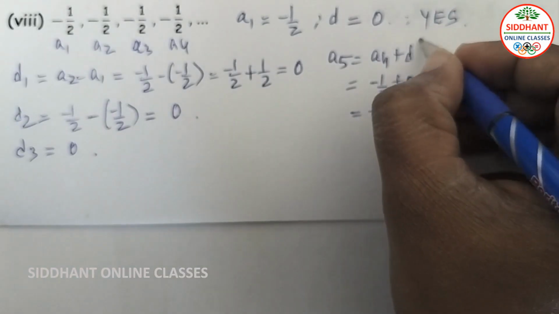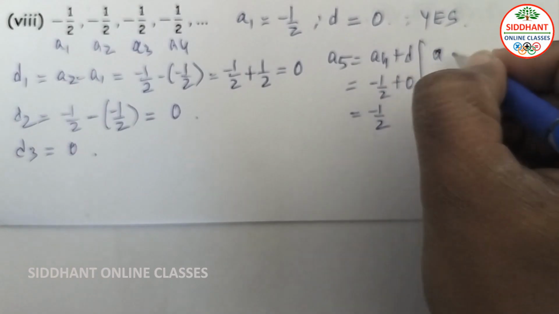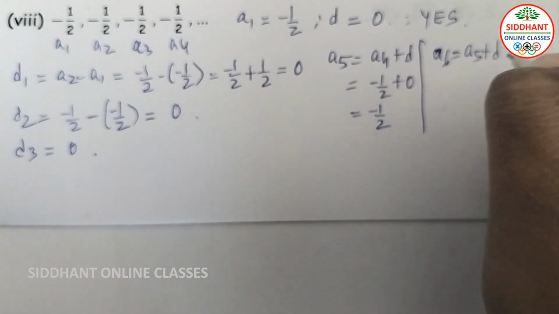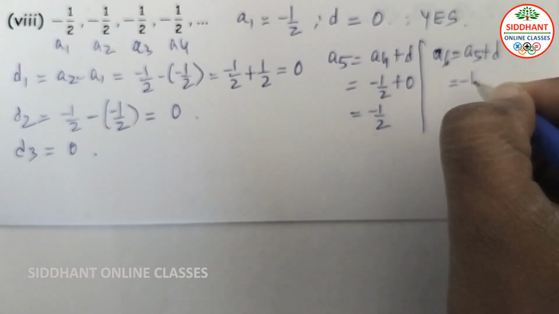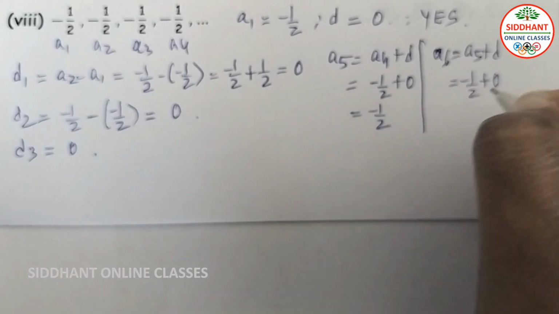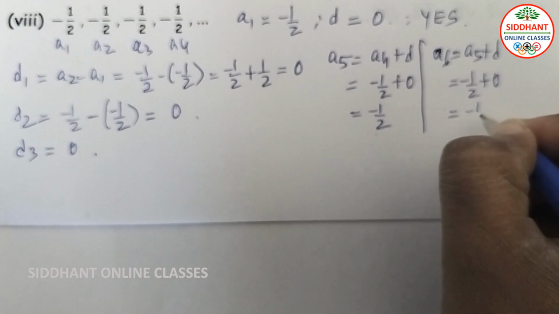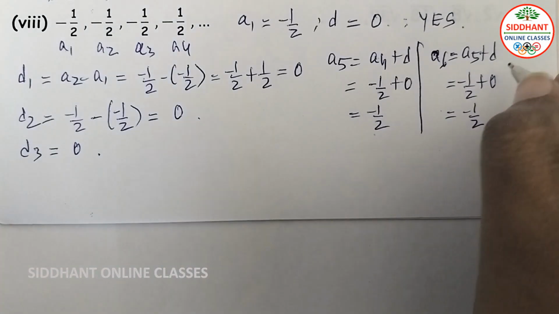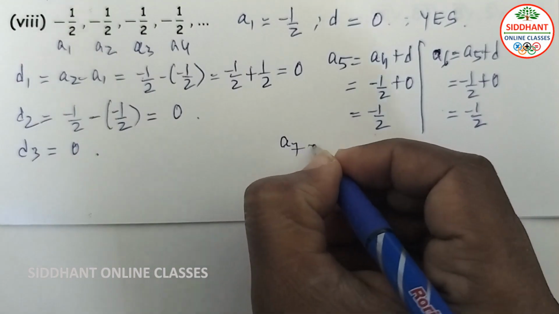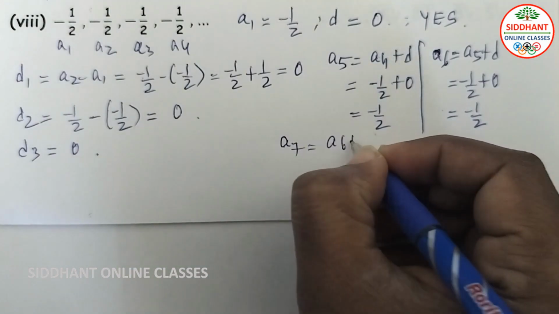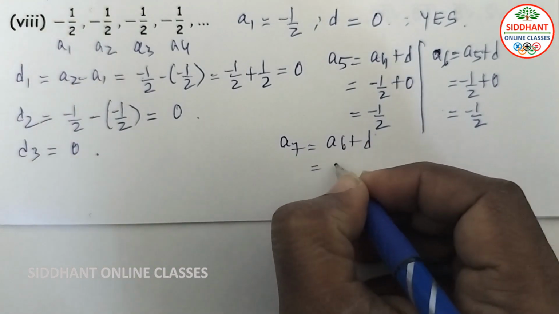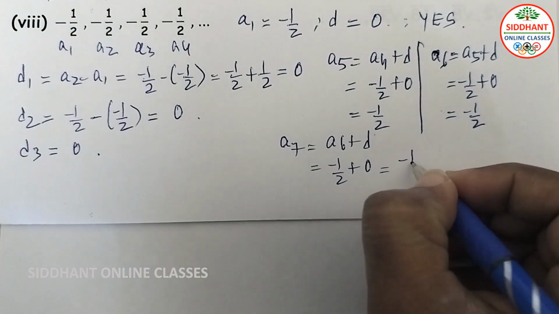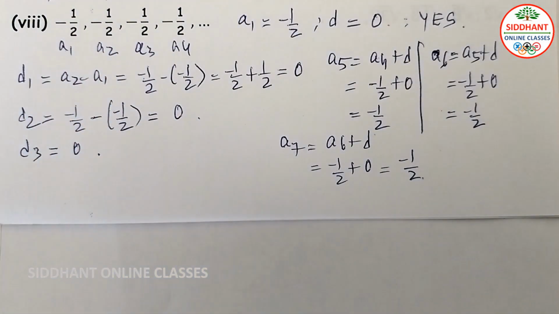Next a6 equals a5 plus d, that equals minus 1 by 2 plus 0, that equals minus 1 by 2. Next a7 is equal to a6 plus d, that equals minus 1 by 2 plus 0, that equals minus 1 by 2 here.